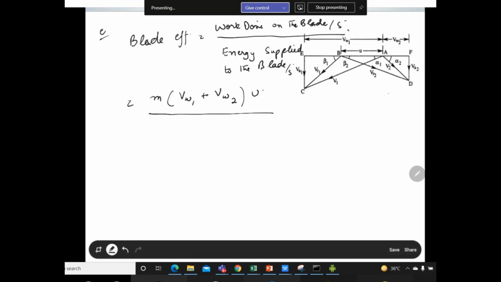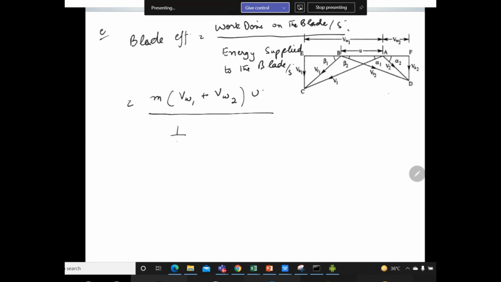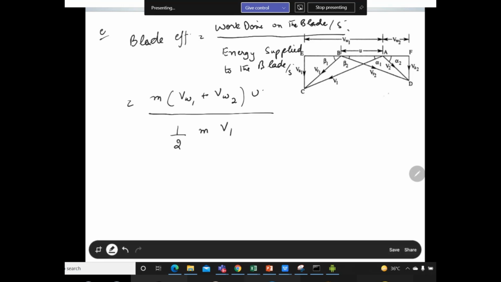And for the energy supplied to the blade, we get the energy from the kinetic energy, and that kinetic energy comes from the velocity at the outlet of your nozzle. So energy supplied to the blade is half m V1 square.